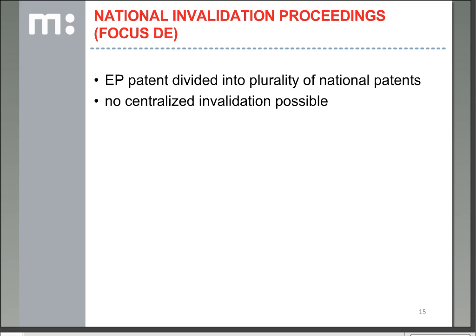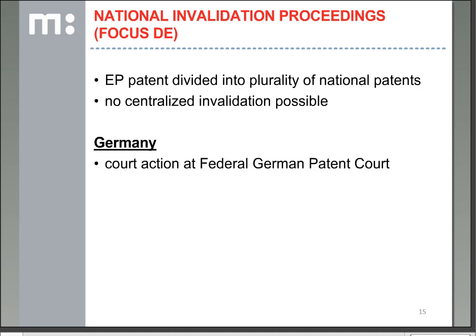I can only refer to German jurisdiction. And of course, Germany is a very important market of high importance for all the patent owners. And the good thing is that if you have a nullity action in Germany, many of the smaller countries tend to follow the German decisions, which have a very good reputation.